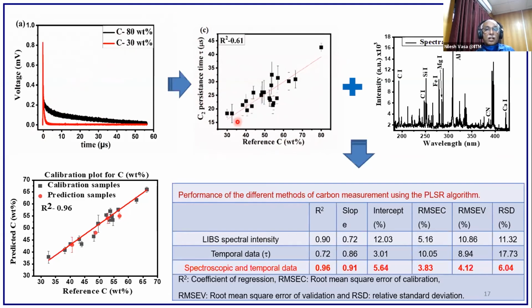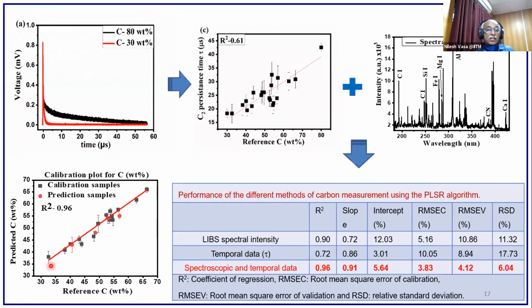What we found is that within a certain small region of 30 to 70% carbon, the emission line seems to be somewhat linear, and using this linear emission plot and coupling it with the spectral characteristics of carbon as well as S elements, we plotted the calibration line by combining optical temporal characteristics with the spectral characteristics.